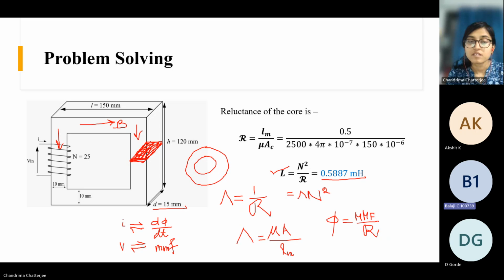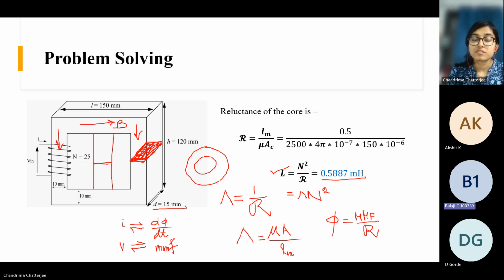The problem we are seeing now has two limbs, but the question has three limbs. In between there is one more limb, and you have already shaded one portion with red color.